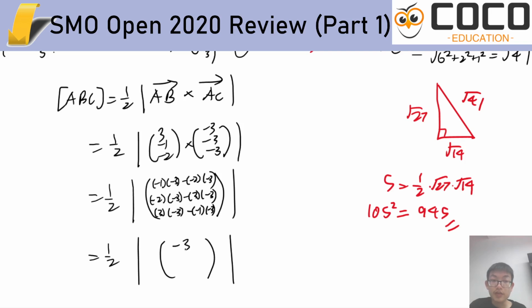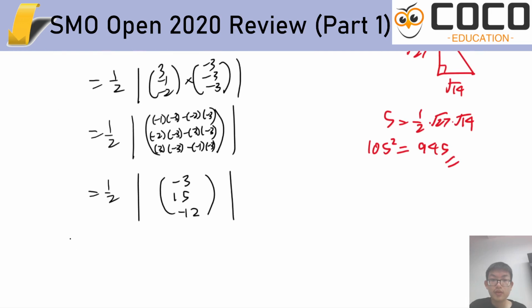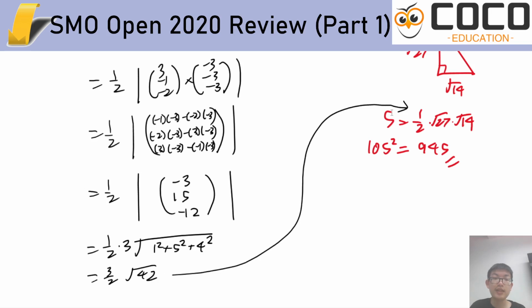Three minus 6, negative 3. 6 minus negative 9 is 15. And negative 9 minus 3 is negative 12. So half times the square root. Can factor out a 3. Okay, and this is again the same as that. But it works in general, not just in the situation where we're fortunate enough to have a right angle in our triangle.